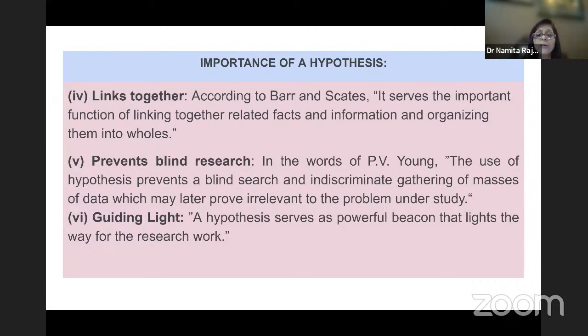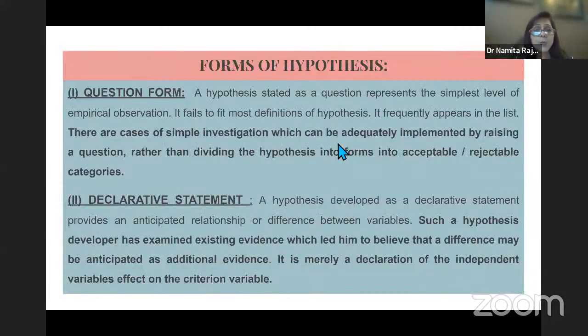Otherwise, there are reasons and circumstances wherein your work will be irrelevant, and it may prove irrelevant in the later period. So start focusing from the very beginning on the realistic hypothesis with substantial evidence and verifiability, embedding these features into your hypothesis. And of course, it's a guiding light. It serves as a beacon for your research work.